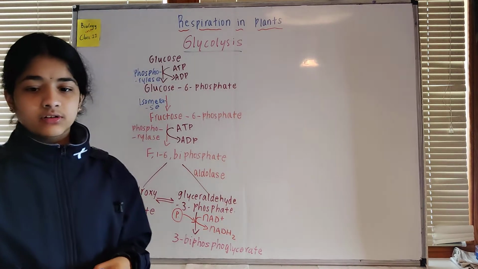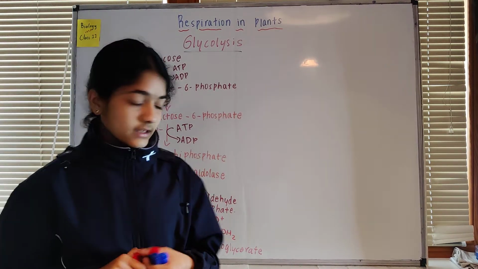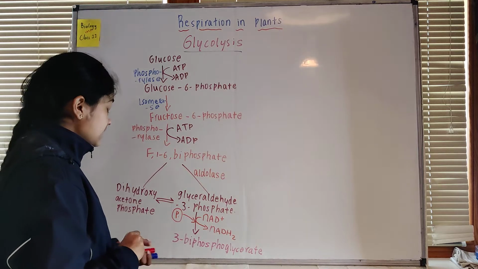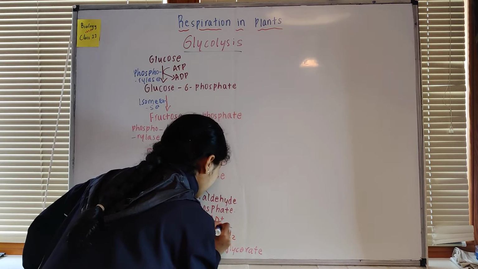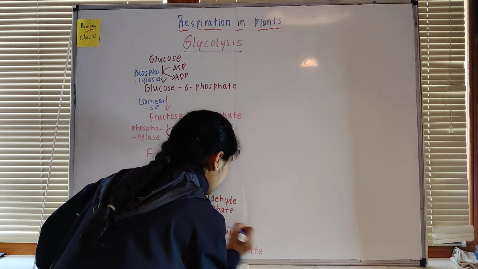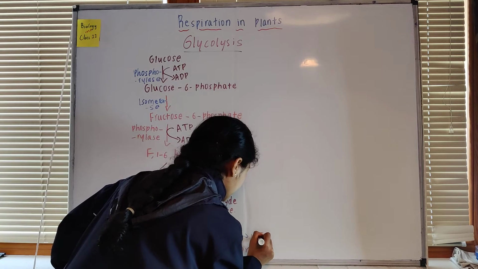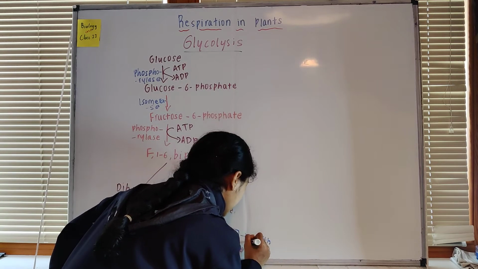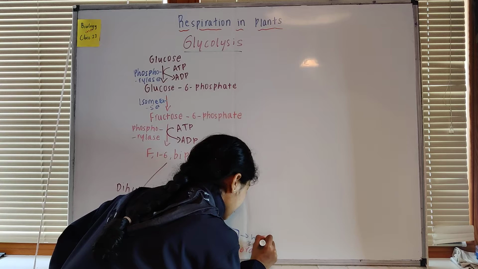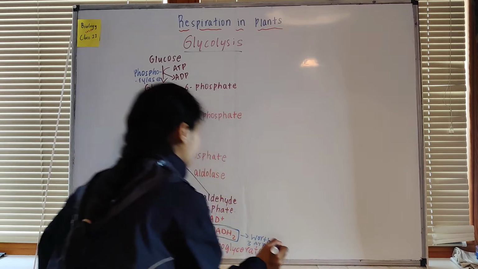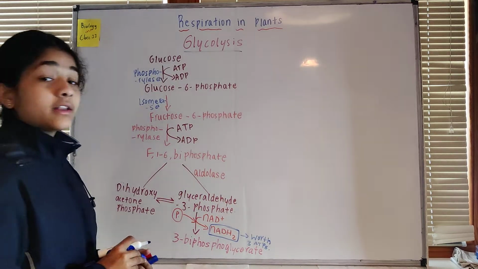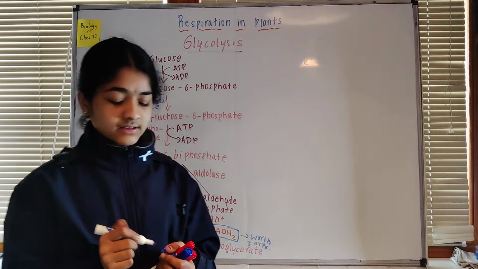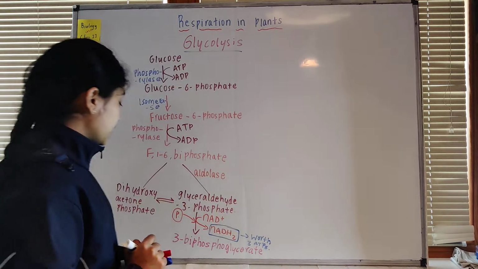This NADH2 is worth 3 ATPs. So it's like the cost of the NADH2. It is worth 3 ATPs. That's why we call ATP the energy currency of the cell.